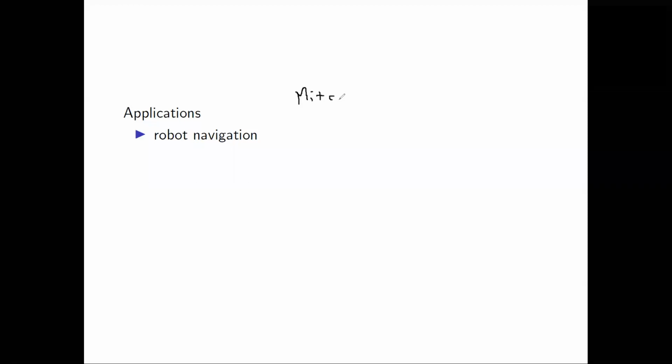So the first motivation that I know of for extremal functions of 0-1 matrices is in robot navigation. There's a mathematician named Mitchell who came up with a path minimizing algorithm for a robot to navigate through a rectilinear grid. And the grid has obstacles.